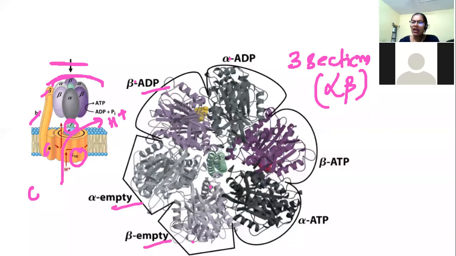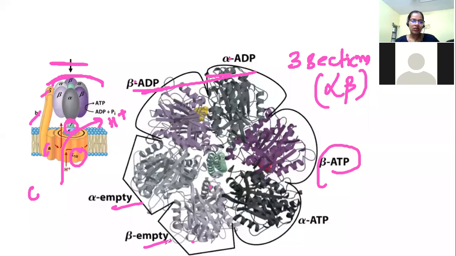It means nothing has been bound to that. Then your ADP comes and binds to this alpha and beta, so it becomes alpha beta ADP. Then when this rotates, it gets the energy to become ATP.